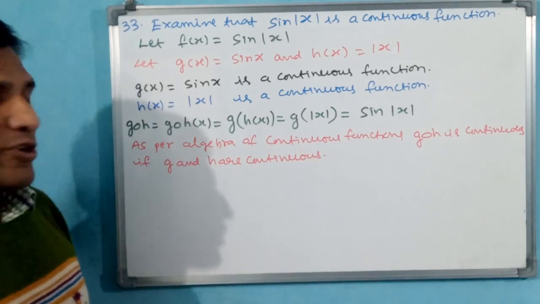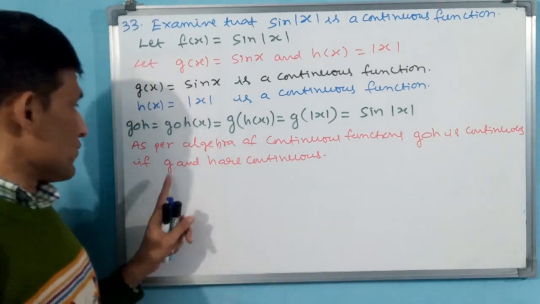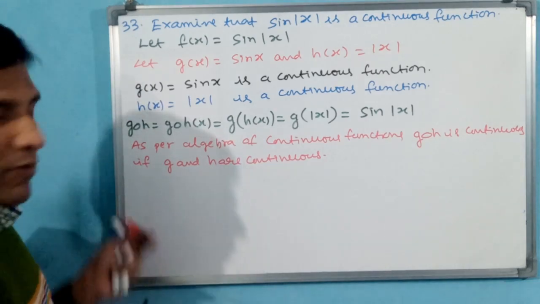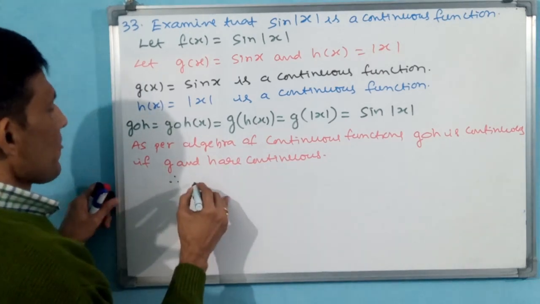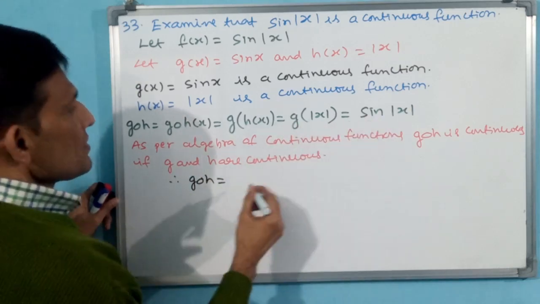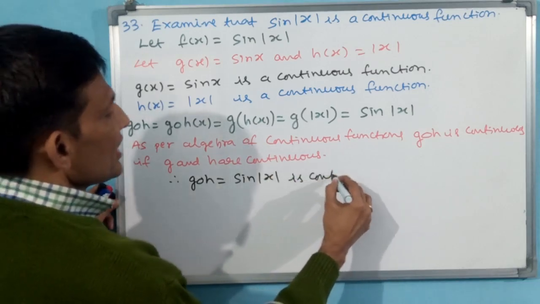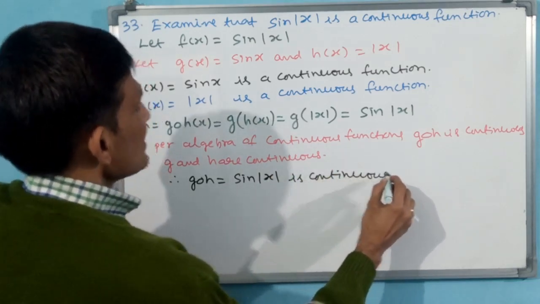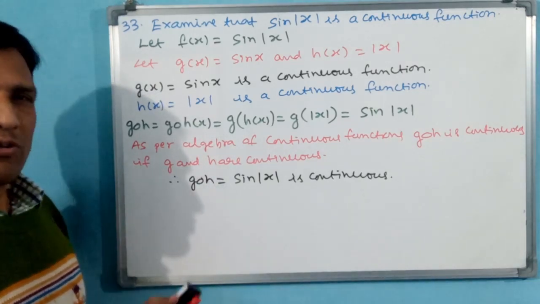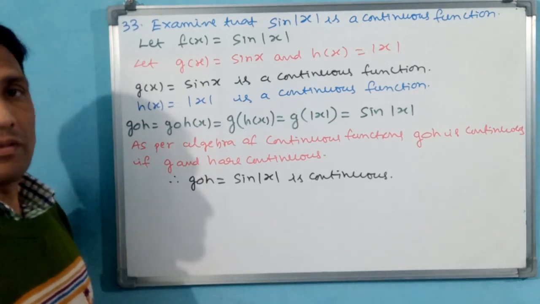Now you write, therefore, g o h, that is equal to sine modulus x, is continuous. Like this you write and close. You need not write much. Let us go for the 34th question.